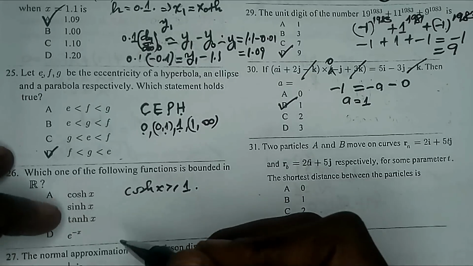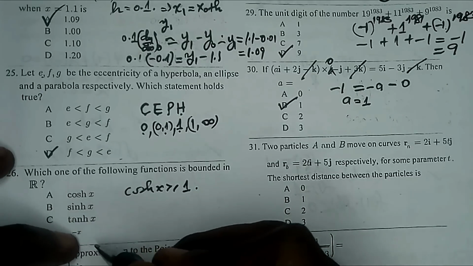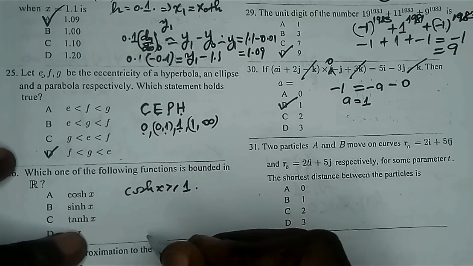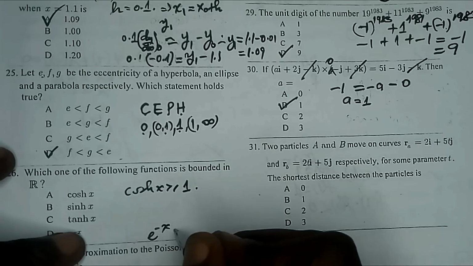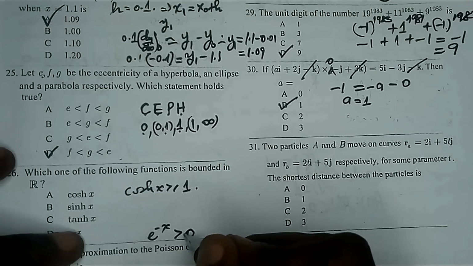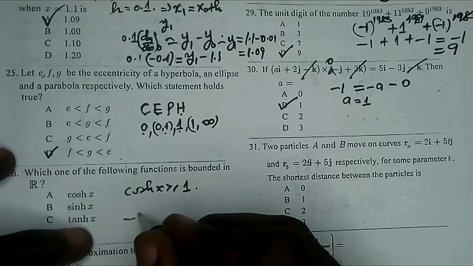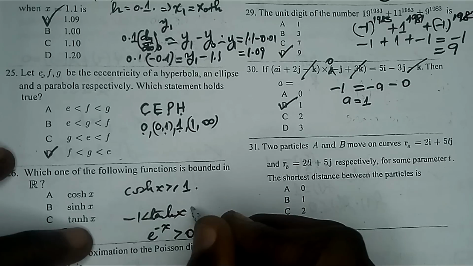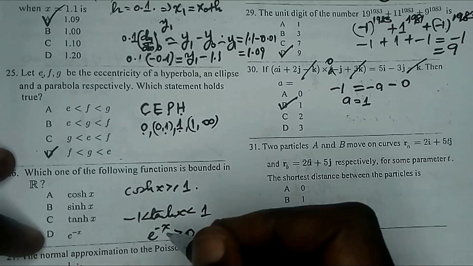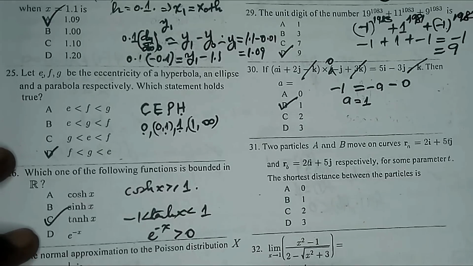Sin x is not bounded, and e to the negative x is not bounded. It is simply greater than 0, but tan x lies between -1 and 1. And so it is the one that is bounded.